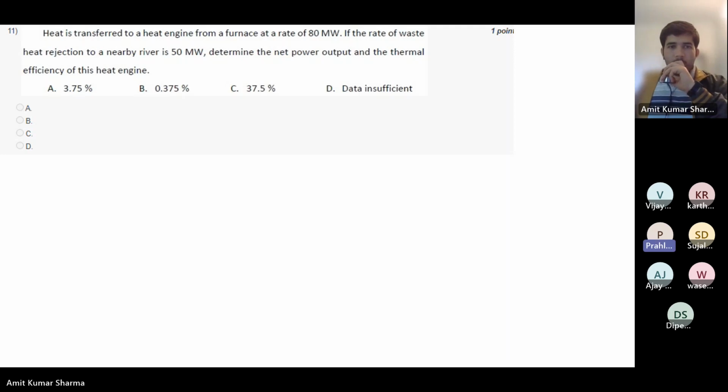Sure, we can find the work output. What is the answer? 37.5%, sir. 37.5% efficiency. Okay, we have one answer. Does anybody else want to add an answer? Please, quickly.